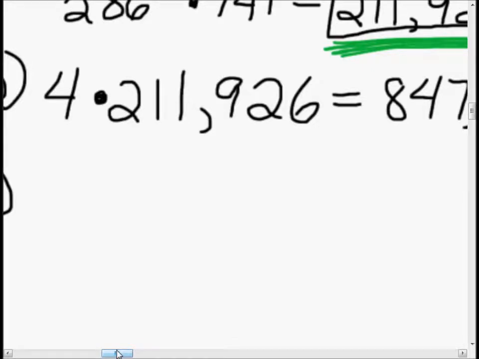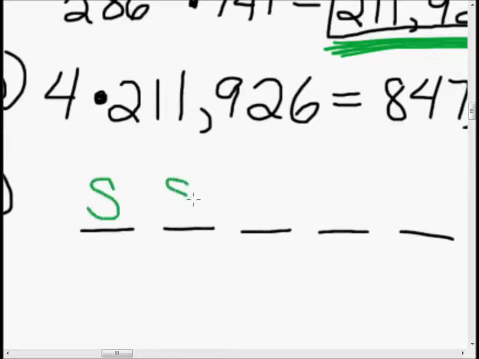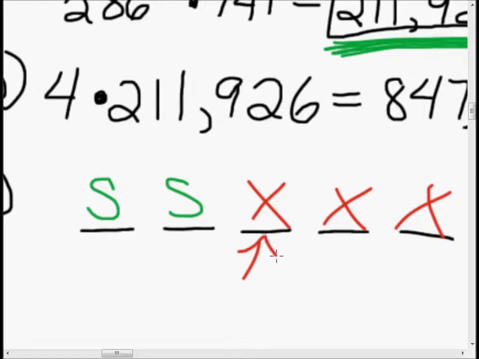So if I have 5 cards, and this isn't the math part, this is just the explanation part. If I have 5 cards, and let's say I have a spade and a spade, that means that these other cards, here, here, and here, have to be different suits, because otherwise I'm not answering the problem.